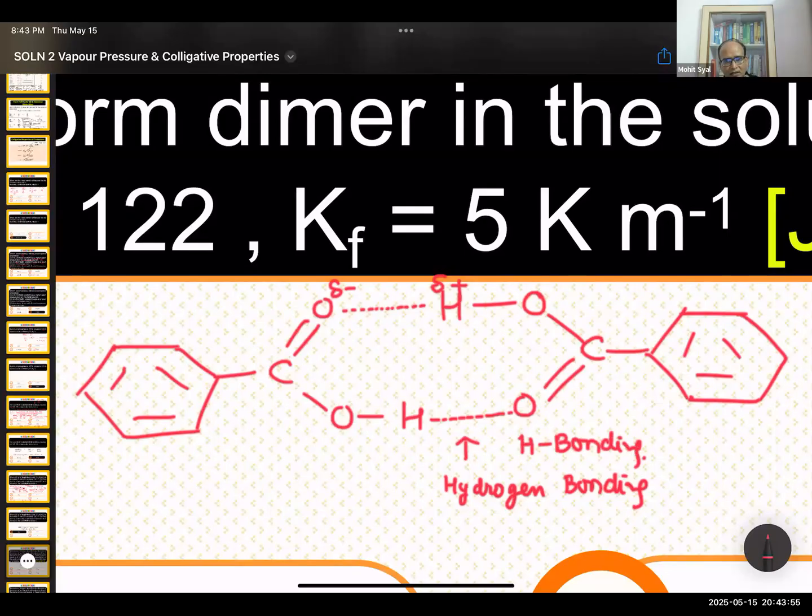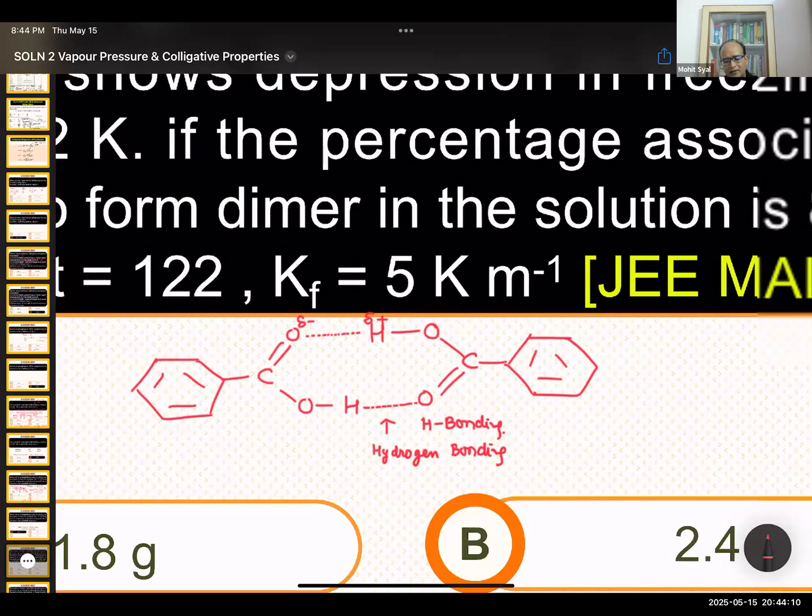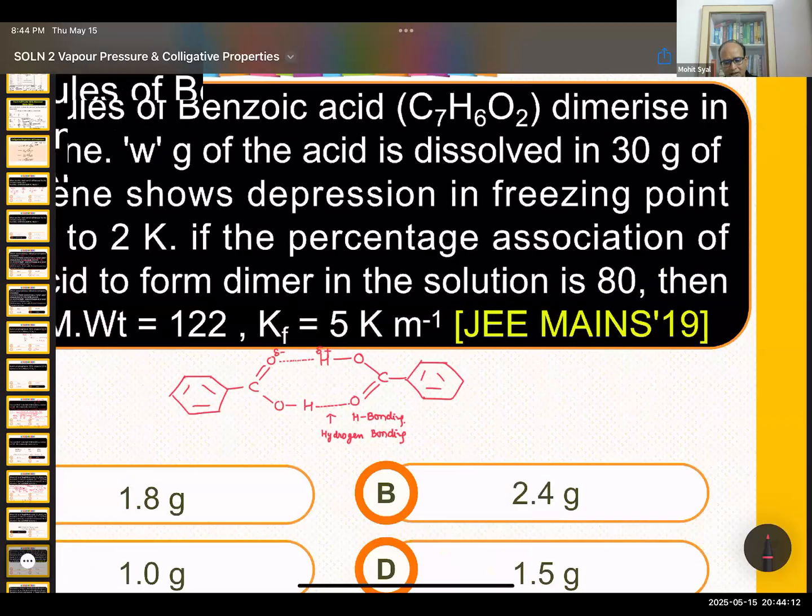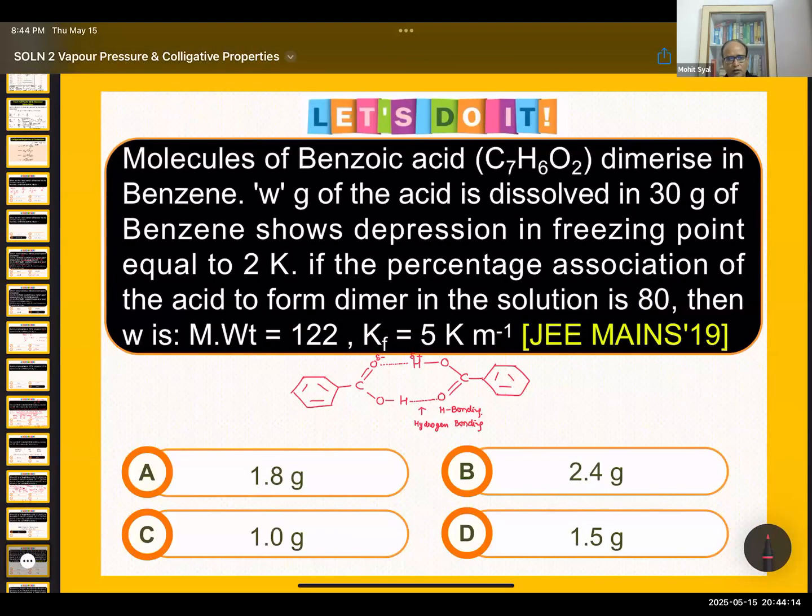It occurs when the H is directly connected to an electronegative atom. So H is having a positive charge and the electronegative atom is having a negative charge. They get attracted toward each other, and in this case, the two molecules combine with each other by means of two hydrogen bonds.